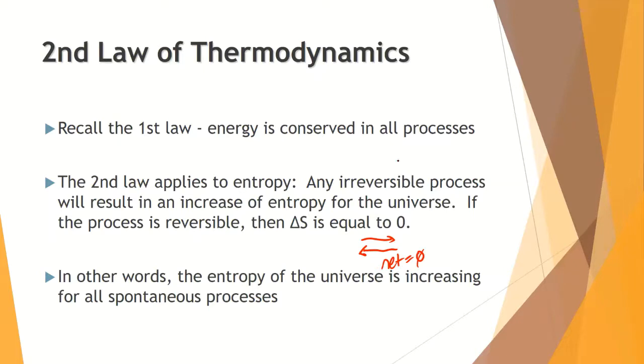But if we have an irreversible process and it is spontaneous, then delta S of the universe is going to be increasing, positive. And if it's a non-spontaneous process, then the entropy of the universe instead would be negative.